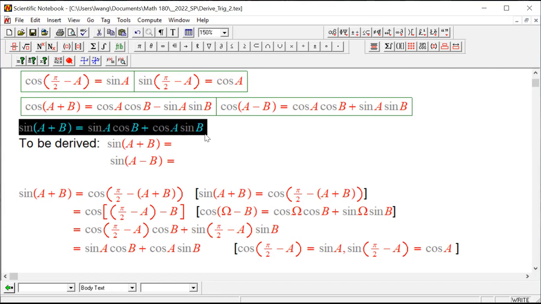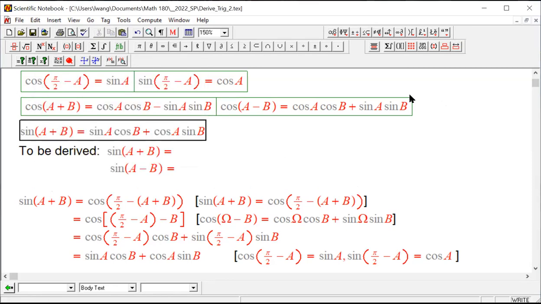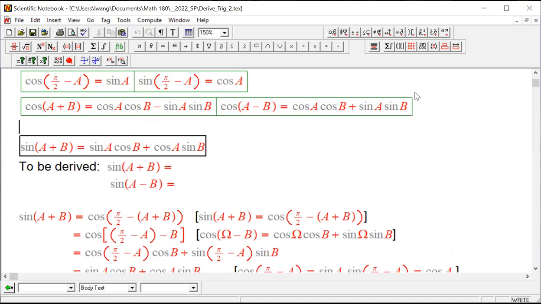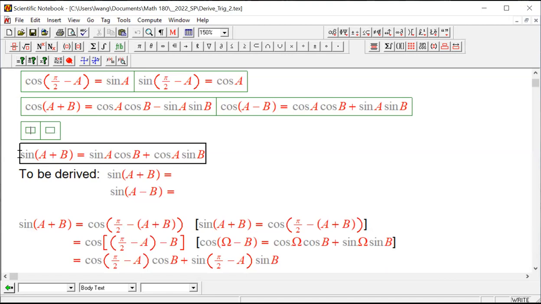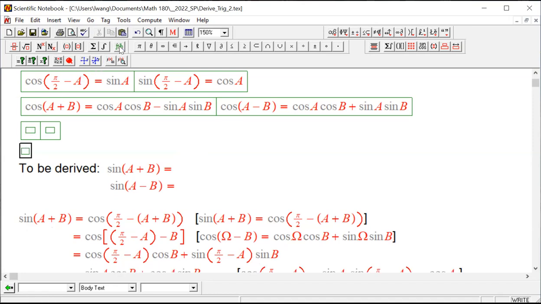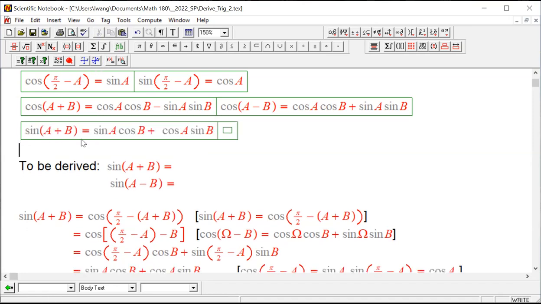So we have more formulas. Maybe we can put them in pairs, because we're getting sine of a minus b. We put this piece inside here, so we get another formula.